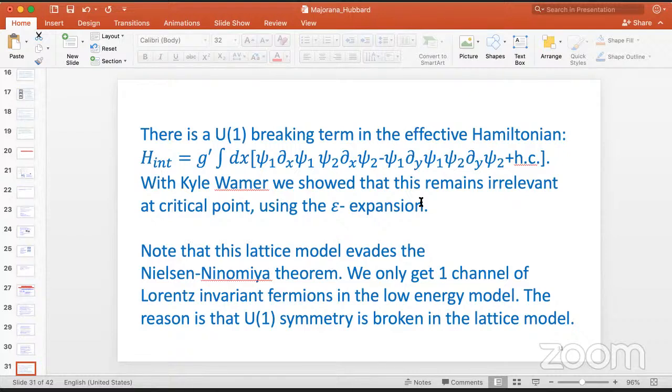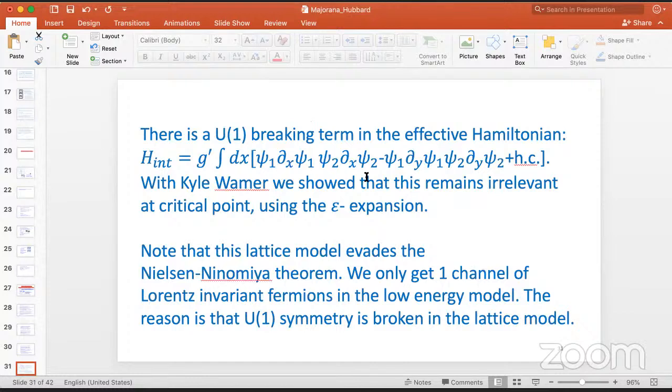So this term has dimension 4, and this term has dimension 6. So it's maybe not too surprising that at the critical point, this term becomes relevant, but this term remains irrelevant. So its dimension decreases, using the epsilon expansion at least, but it remains irrelevant at the critical point.